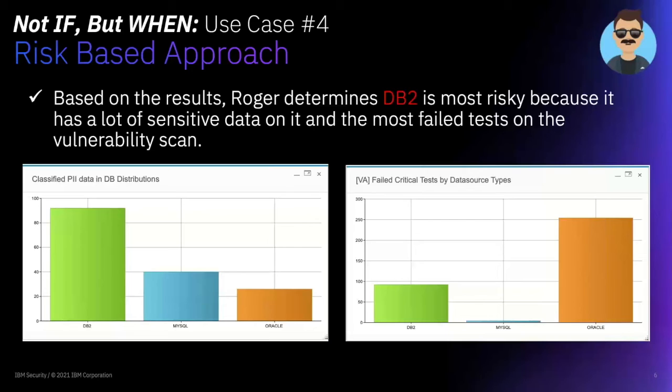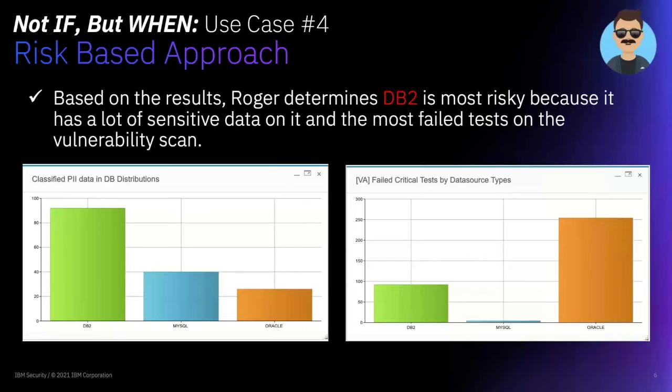So one thing that you want to think about is risk can easily be broken down into an equation. And the equation is probability times impact. So how likely is something going to happen, and how terribly is it going to impact my business? So here we'll see our likelihood is modeled by the vulnerability.